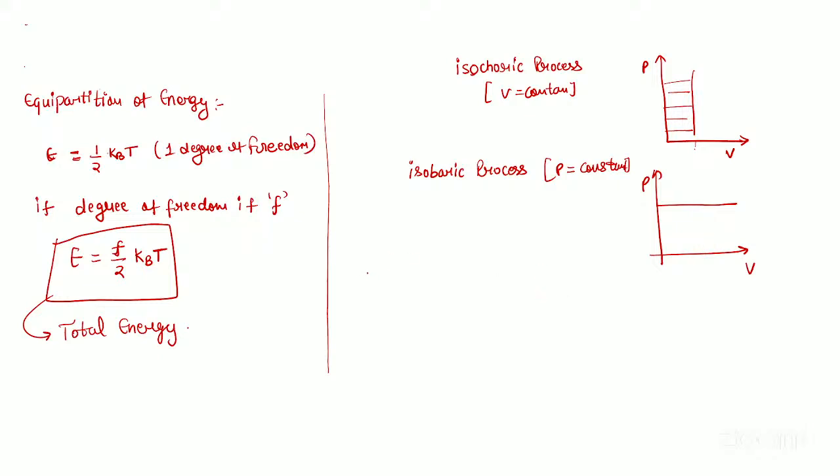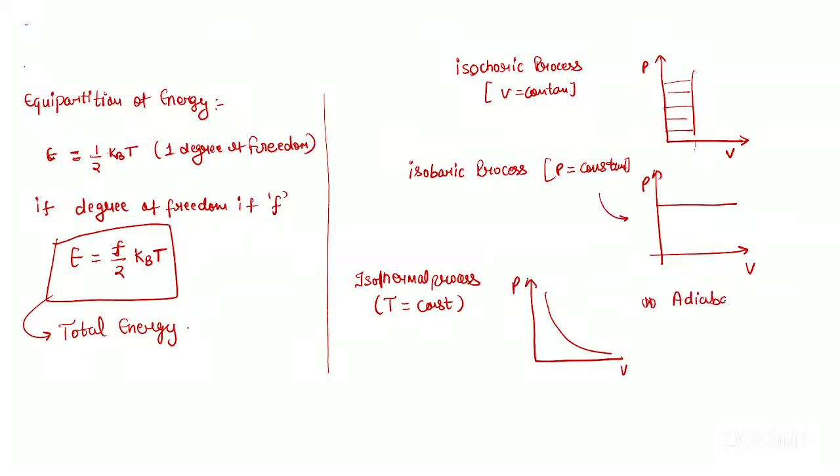Now, the isothermal process. By the name of it, the isothermal process is one in which temperature remains constant. So if temperature remains constant, the PV diagram will be drawn like this. This is the graph for the isothermal process. And there is another process, the adiabatic process.